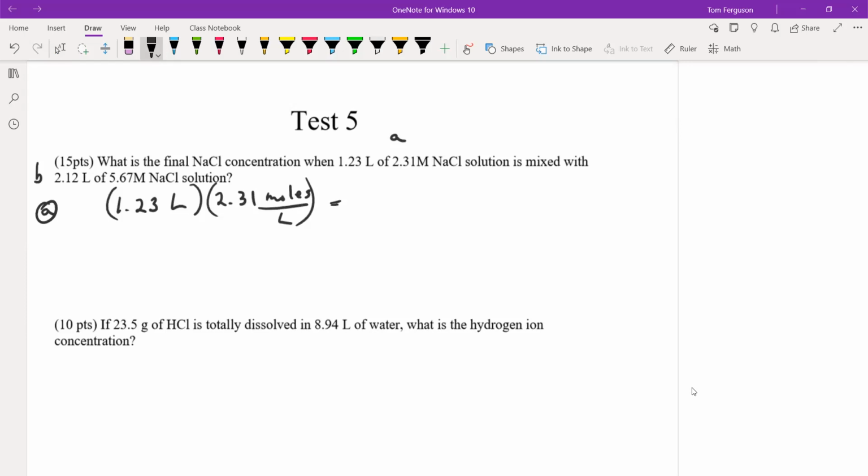So that's for solution A, that's what the moles are. On B, we're going to do the same thing.